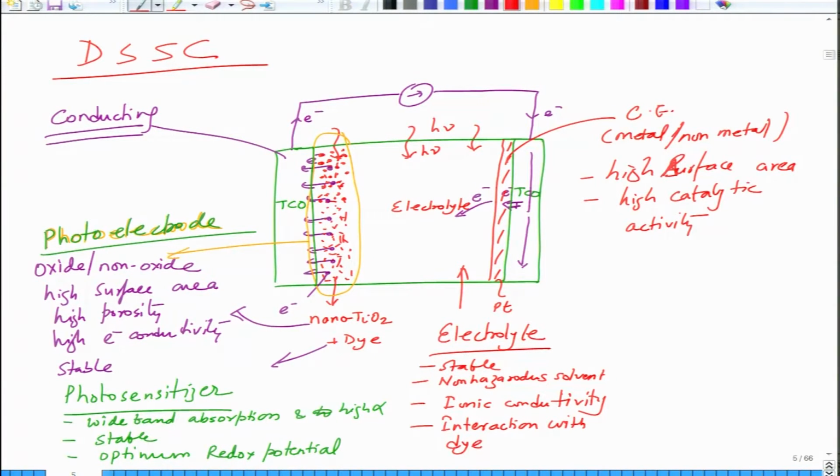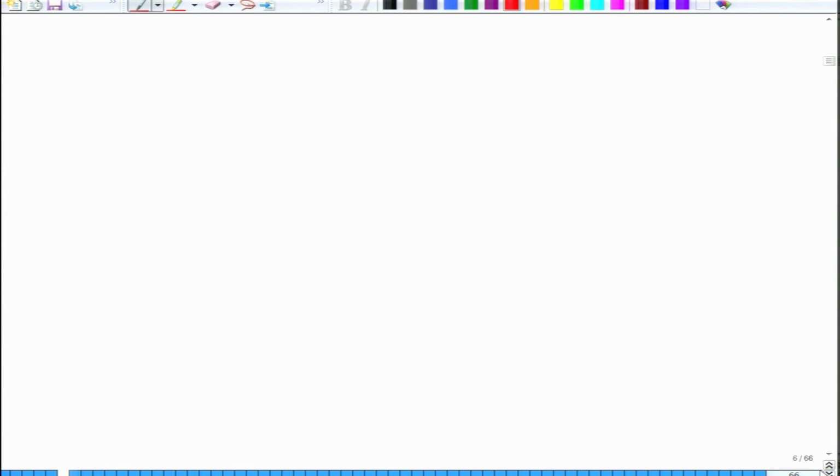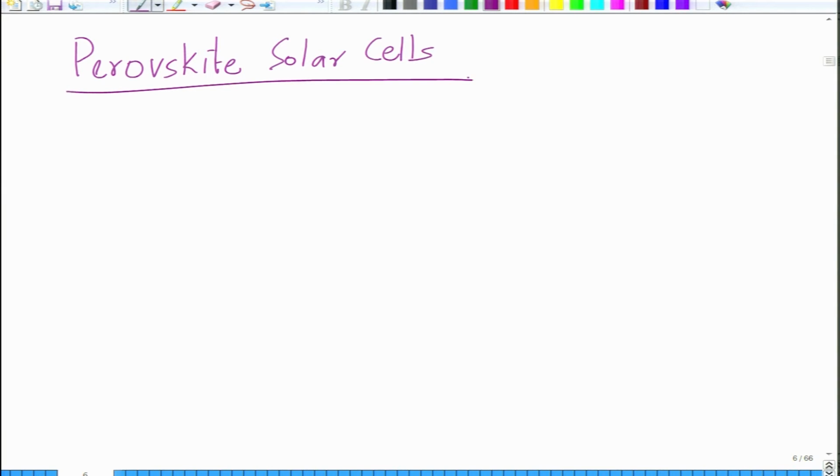Okay. So, this dye sensitized solar cell was an initiator for the next generation technology, that is the perovskite solar cell. So, now we shift our gears to perovskite solar cells, which is the hottest PV technology, or most exciting PV technology, right now. It originated from DSSC ideas.